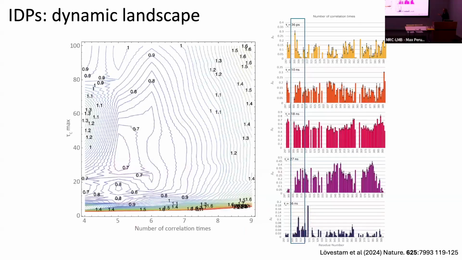And if we do that for tau, we can say that for this system, the data is best described by 5 correlation times within the bounds of 36 picoseconds to 36 nanoseconds. What I think the main take-home message is, if we look at the slow motion of the tau molecule, we can see that the FIA residues particularly are experiencing a greater proportion of the slow motion.